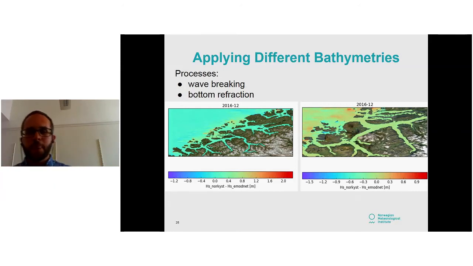So we see that inside the fjords there's not a significant difference, but the difference becomes higher close to the shallow water area, close to the islands, for example near Vigra. So the difference in the bathymetry there plays an important role for wave breaking and bottom refraction, but not so much inside the deep fjords.